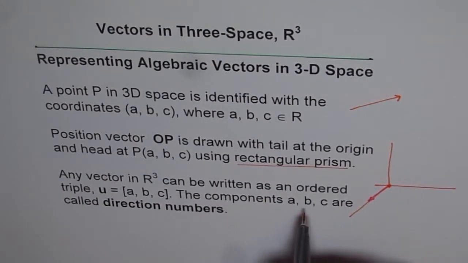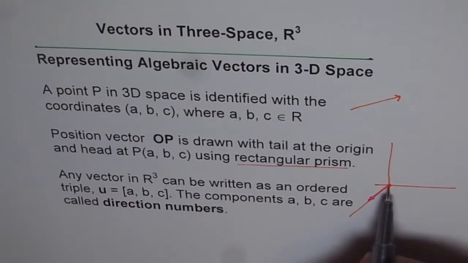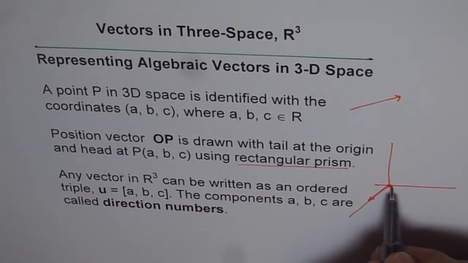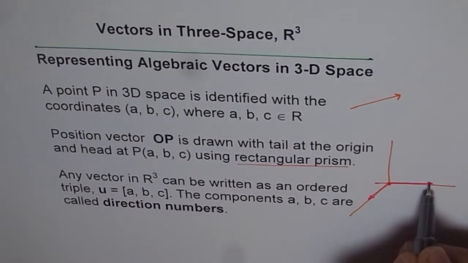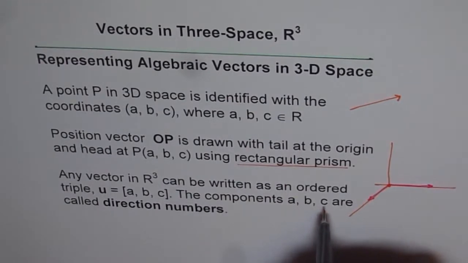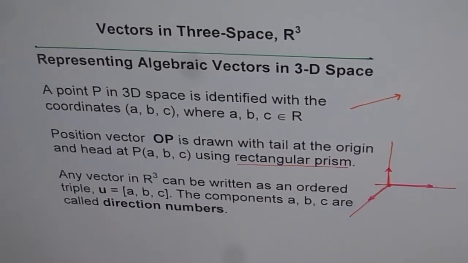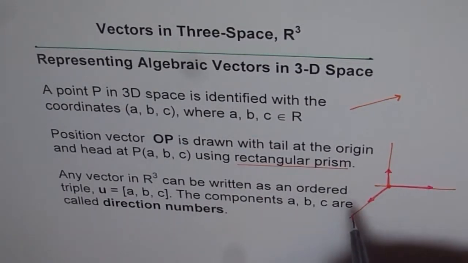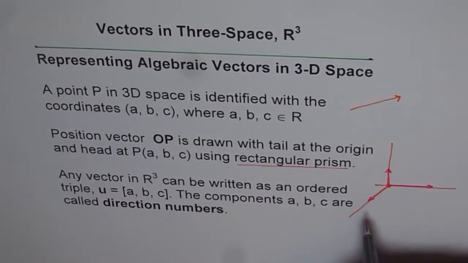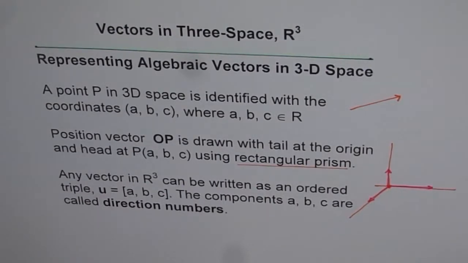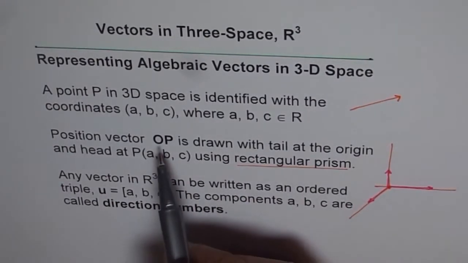B, which we are also saying direction number, is the number of units we move along y-axis, right? So let us say B is this much. And C is our component along z-axis. Let's say C is this much. So let's say these are our 3 components A, B, and C. Now as you can see, we will form a rectangular prism and thereby get the position of our vector OP.